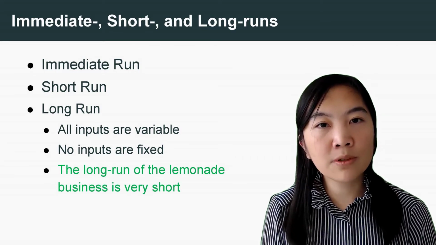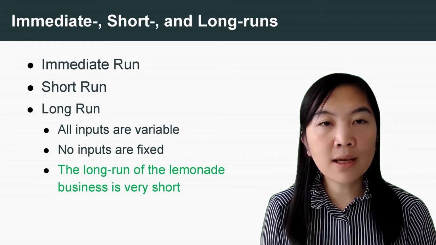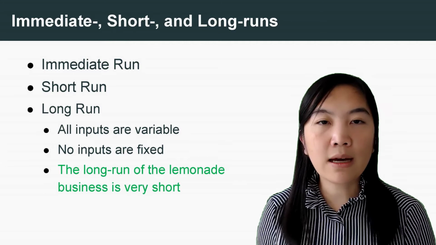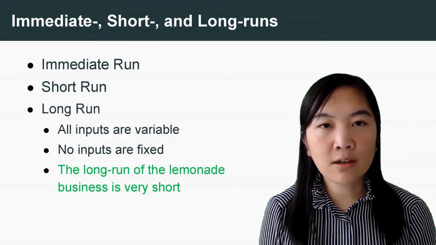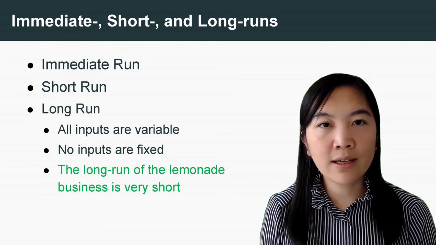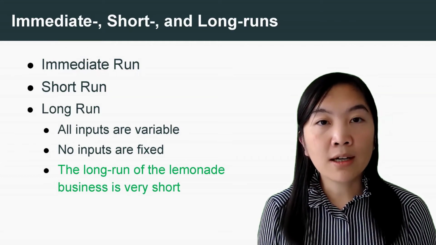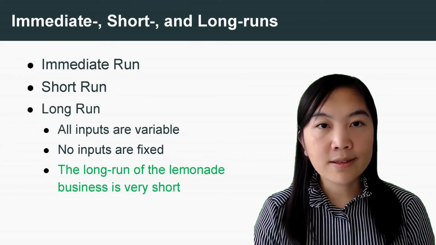So all variable is the long run, a mix of them is the short run, and all inputs fixed is the immediate run. In this course, we are focusing on the short run and the long run, and the immediate run here, I'm just giving you an idea of what that is.